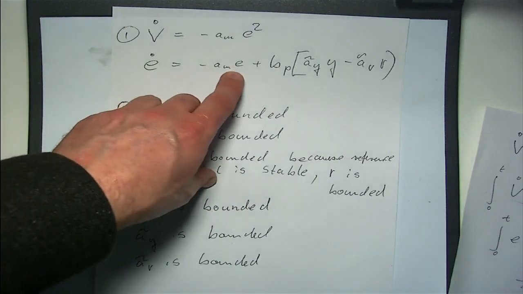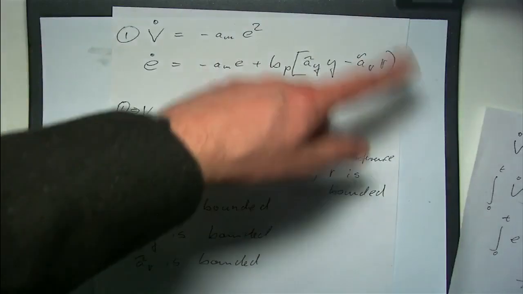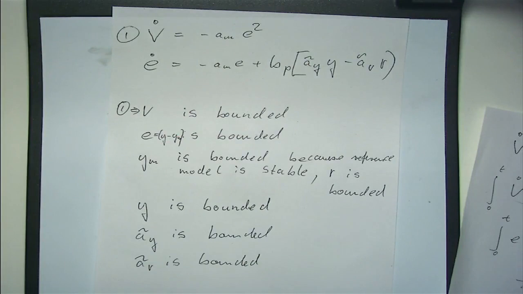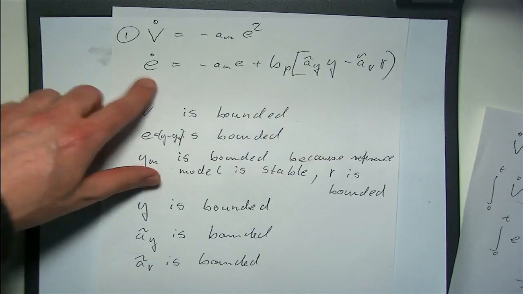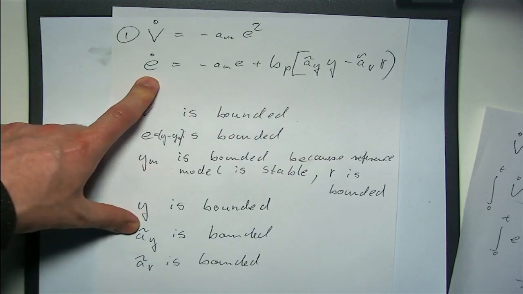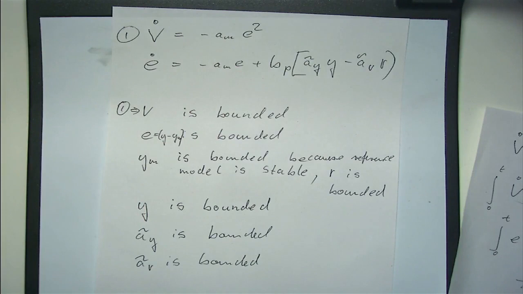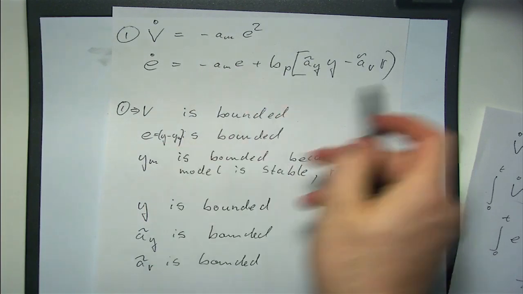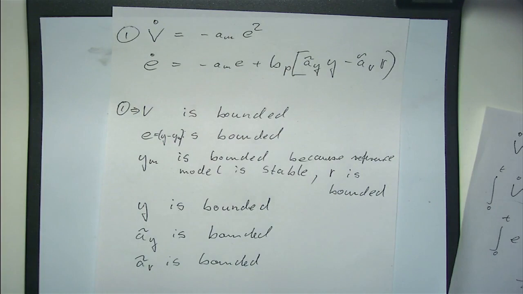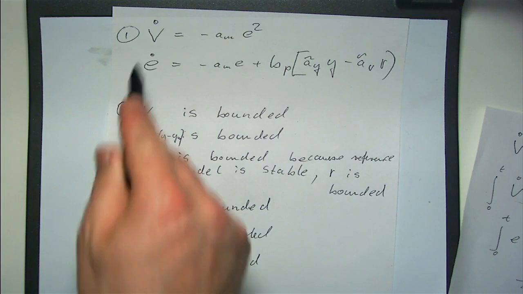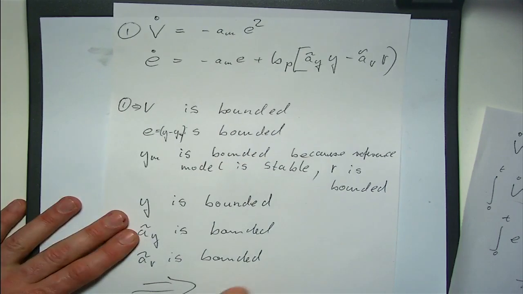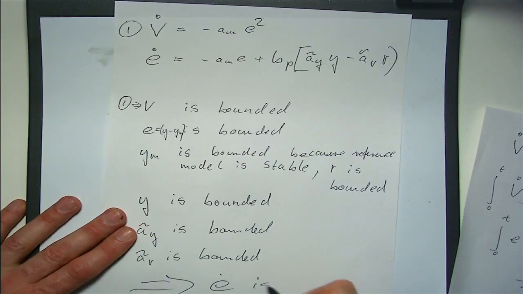Effectively on the right hand side there's only bounded stuff. Yeah? It's all bounded. Cool. So hence E dot is bounded. If lots of variables are bounded in relation to each other, we only do multiplications and additions here, so we stay bounded overall. Okay, good. So E dot is bounded.